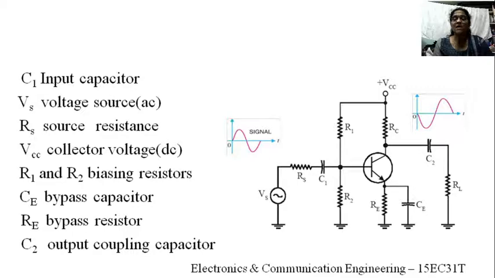Why does the operating point shift? It depends on the temperature also. If the temperature increases, the transistor parameters such as VBE and the current gain change, and the collector current and saturation current also change.